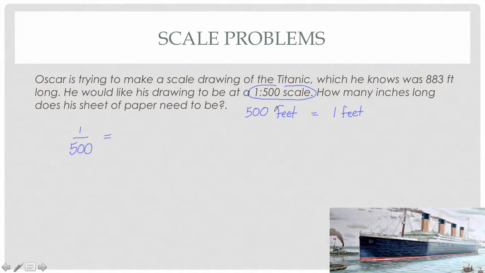That would be a 1 to 500 scale. We're basically taking the real thing and shrinking it down by 500. We do know the Titanic was 883 feet long, and we want to shrink that down by a scale of 1 to 500, so x is going to represent the model length.